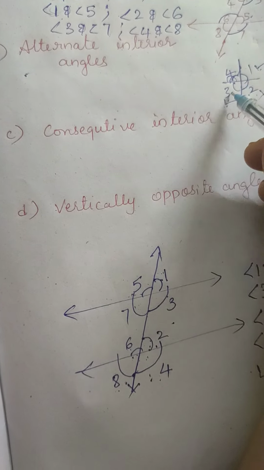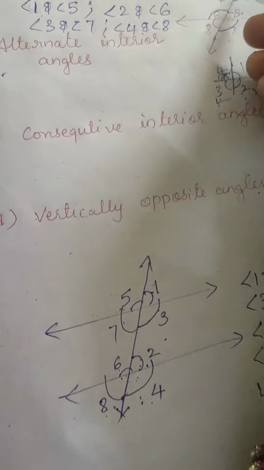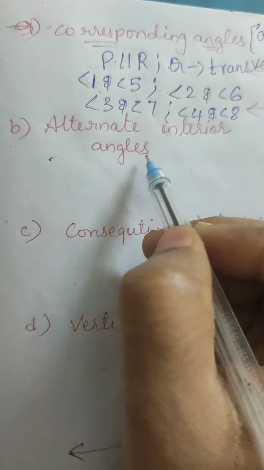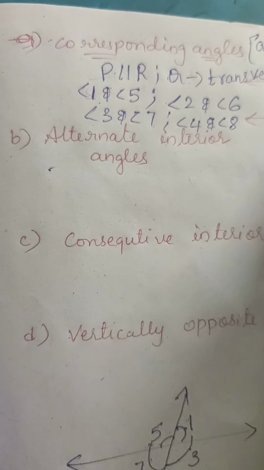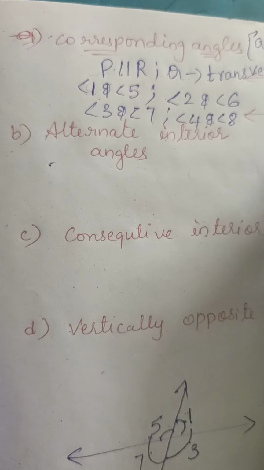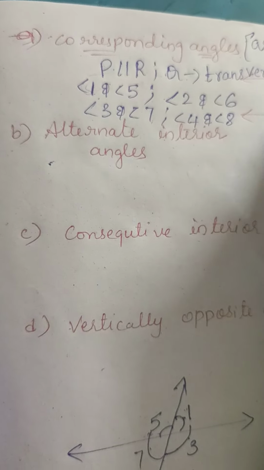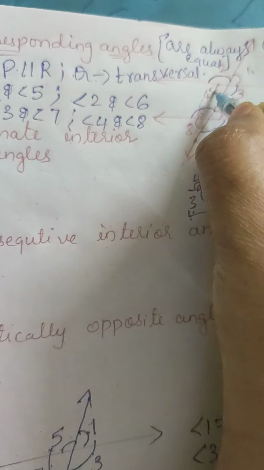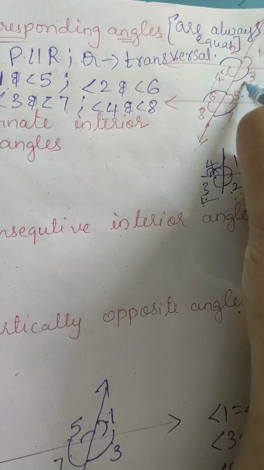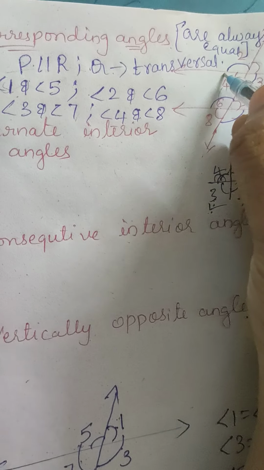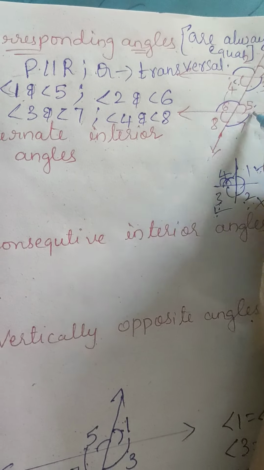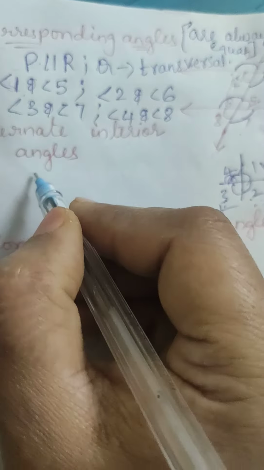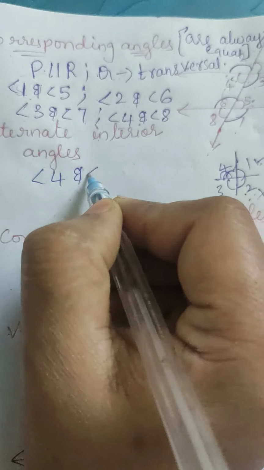Here, from the name alternate interior angles, we should see the interior side angles which are alternate. I am taking 4 here and leaving the next one and taking 5. 4 and 5 are alternate interior angles, angle 4 and angle 5.